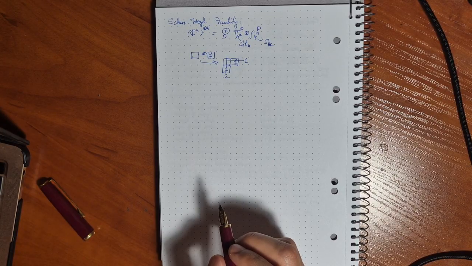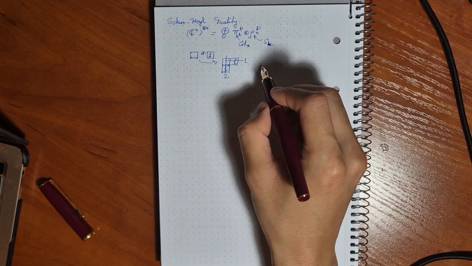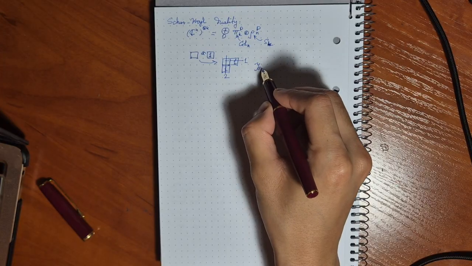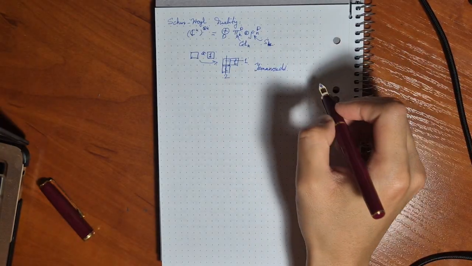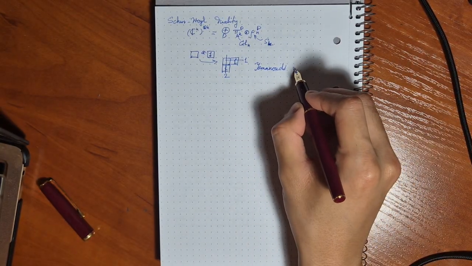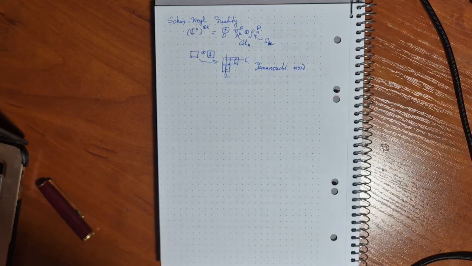And the second part is something called the Yamanouchi word condition, or whatever.